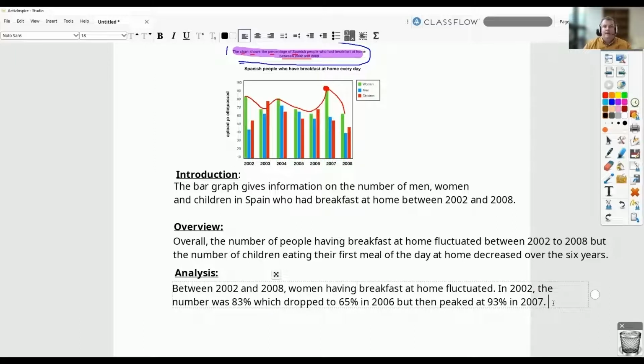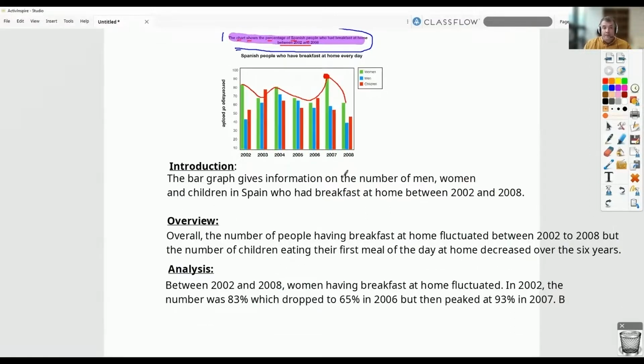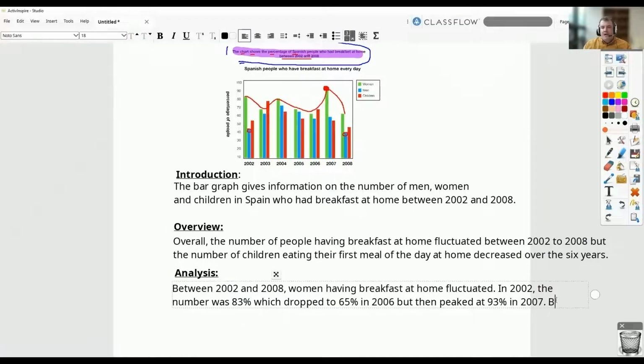So what can we say about the men? The thing that we identified earlier on, when we first analyzed the graph, was that these two years were low. They were the lowest years. So I think that we'll start with that.